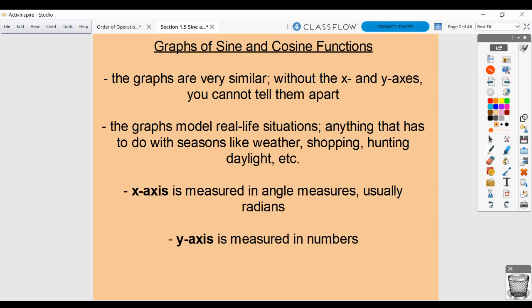The graphs do actually model real life situations, anything to do with seasons, light waves, sound waves, anything like that. One thing to note is the x-axis is measured usually in radians, so we're going to use radians, and then the y-axis is just measured in numbers, so like 1, 2, 3, 4, 5.